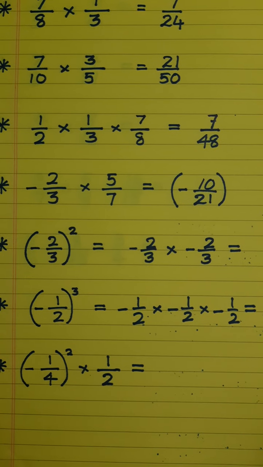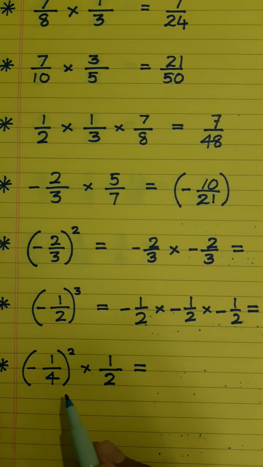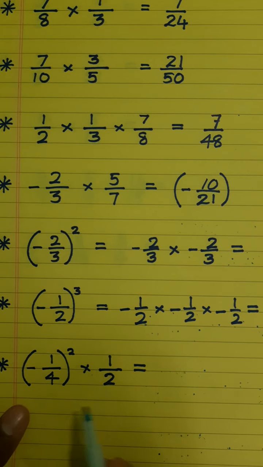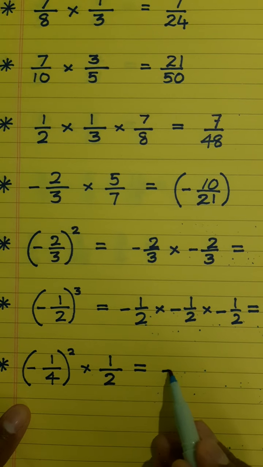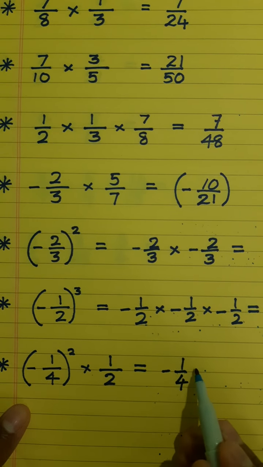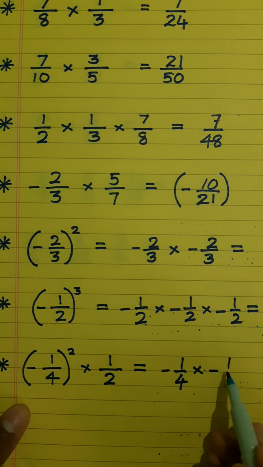Now the last example. Minus 1 over 4 to the power of 2 into half. We can write this in expanded form. Minus 1 over 4 multiplied by minus 1 over 4, then into half.